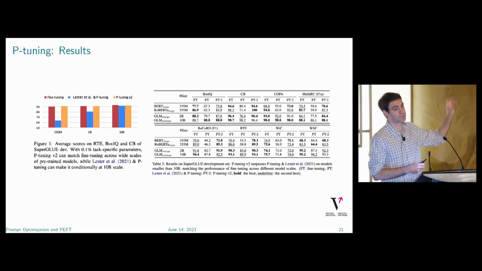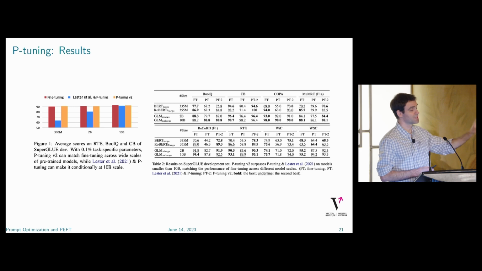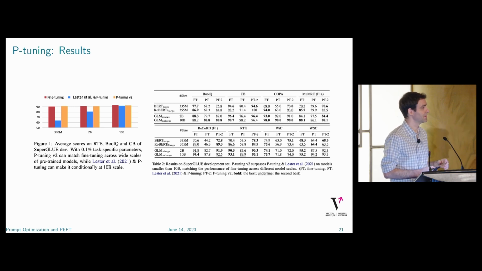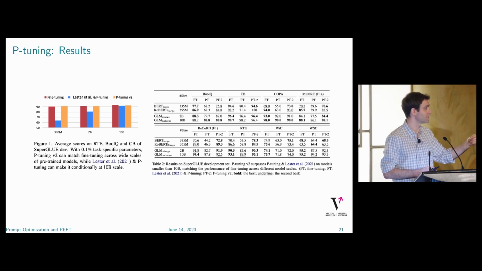And so these are actually results from p-tuning. As I said, they're very similar ideas, just slightly different modeling choices, but the results are a little bit better, in my opinion, in terms of presentation. You can see on the left, the blue bar is just prompt tuning alone for smaller models on the left and larger models on the right. As I said, as scale increases, you can recapture fine tuning with prompt tuning.